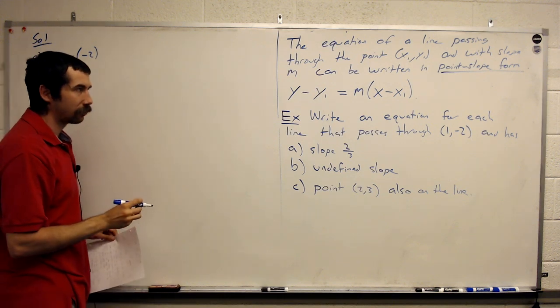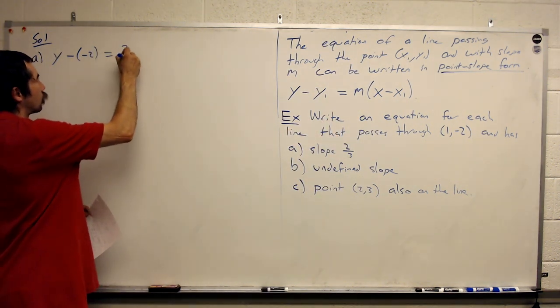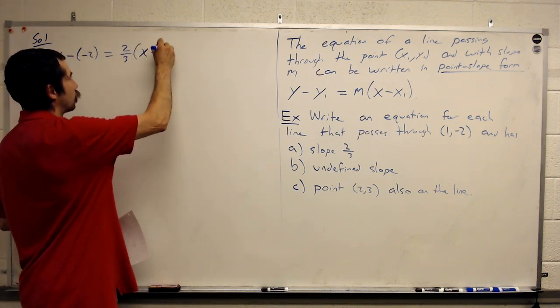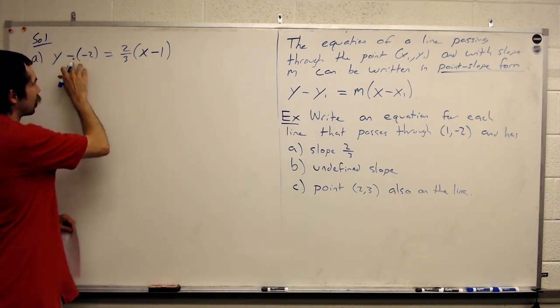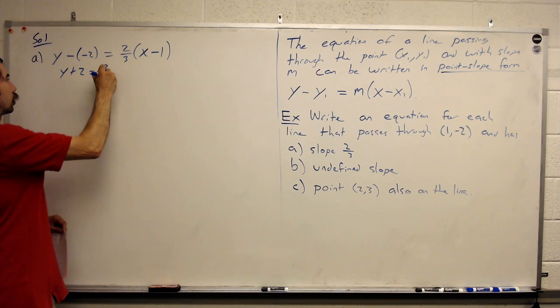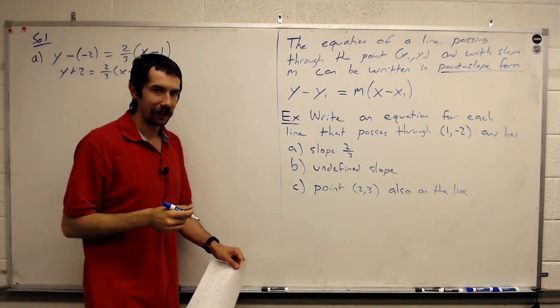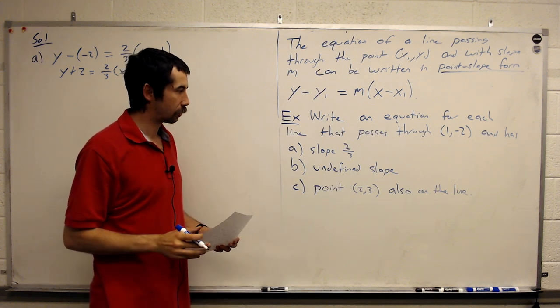So y minus negative 2 is equal to our slope, x minus the x component of our point. It's as simple as that. Let's clean this up a bit because it's minus minus. So y plus 2 equals 2/3 x minus 1. Point slope form, if you have a point and a slope, it's so easy.